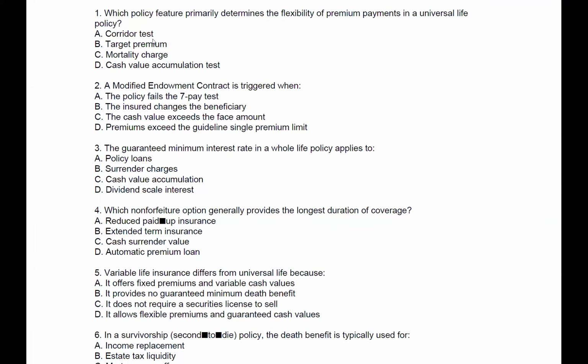All right, Ash, go. Which non-forfeiture option generally provides the longest duration of coverage?